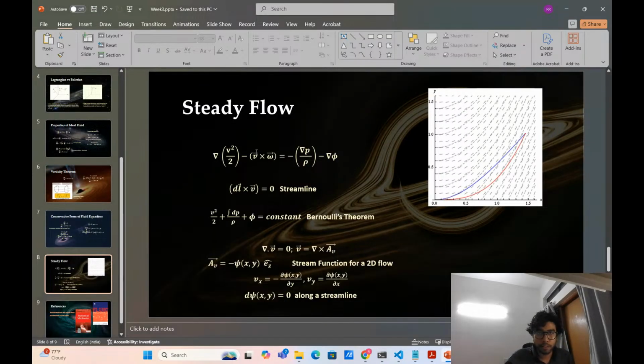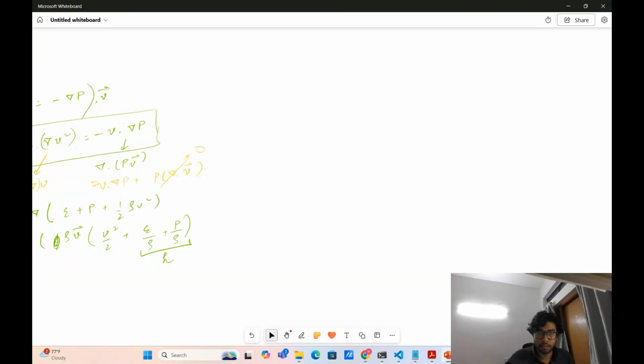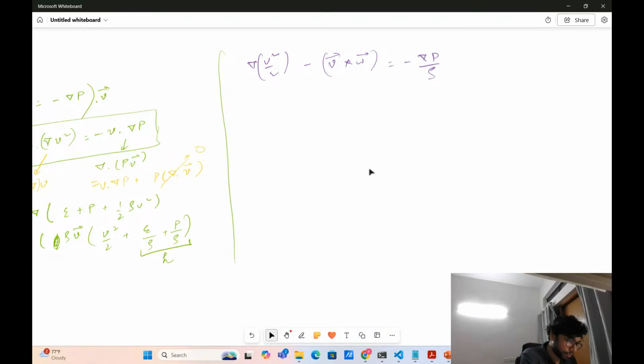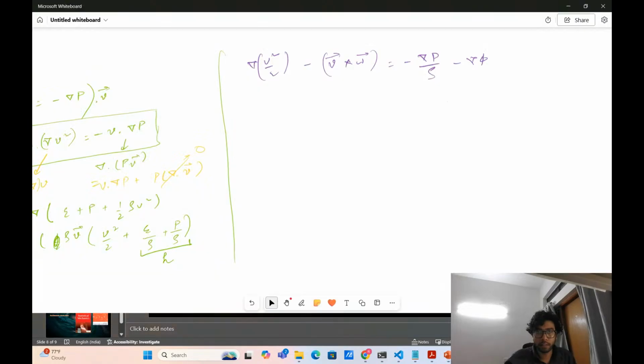So let's start with this equation. So we have del v square by 2 minus v cross omega equals to minus del p by rho. I hope I got the signs right.